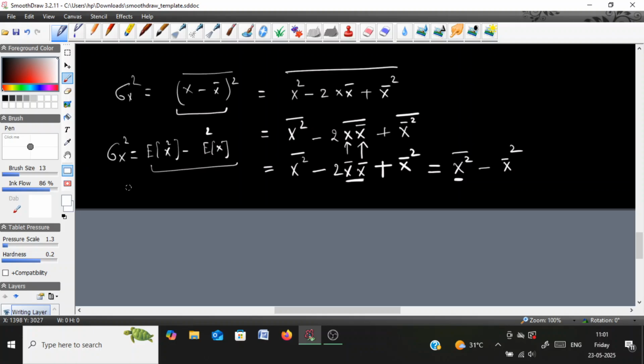The variance of x is equal to the mean square value minus the square of the mean. And if you have a random variable with zero mean value, then definitely your variance is the same as the mean square value of the signal. So for a zero mean random variable, variance and mean square value are one and the same thing.